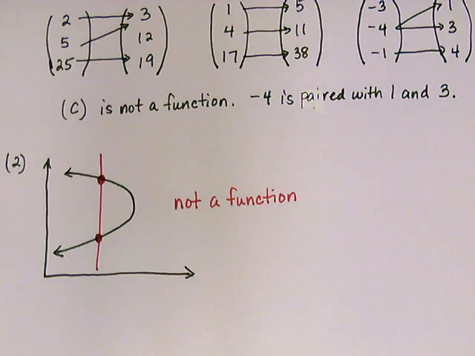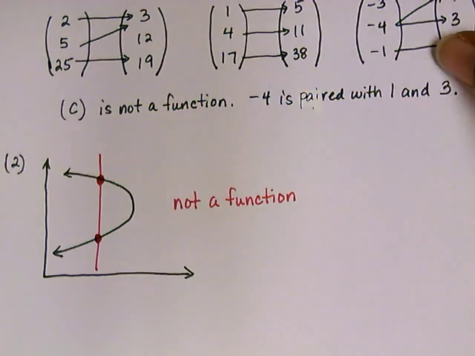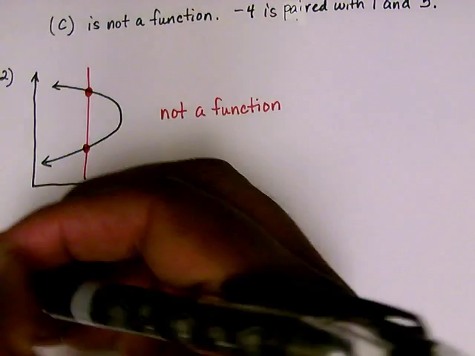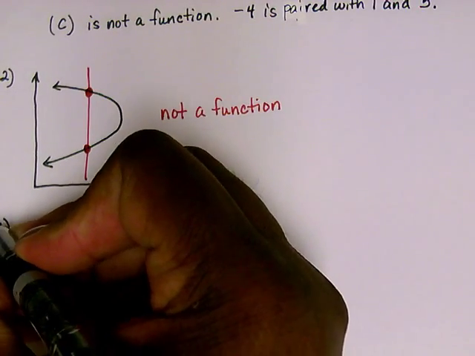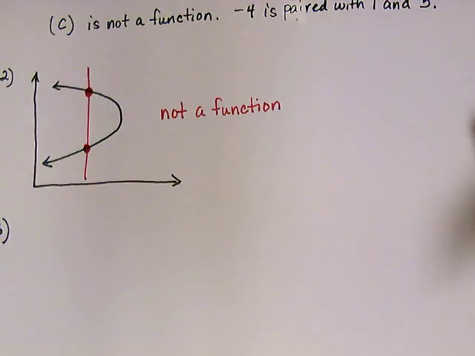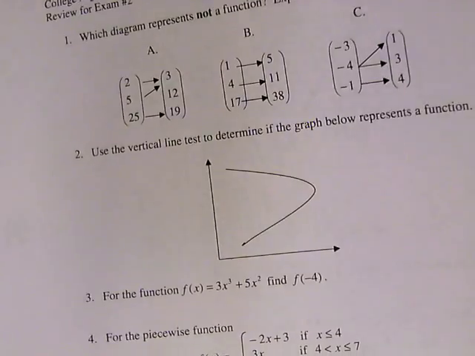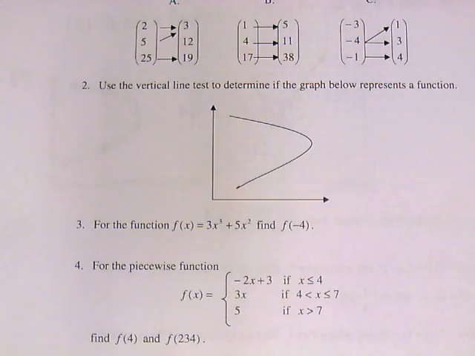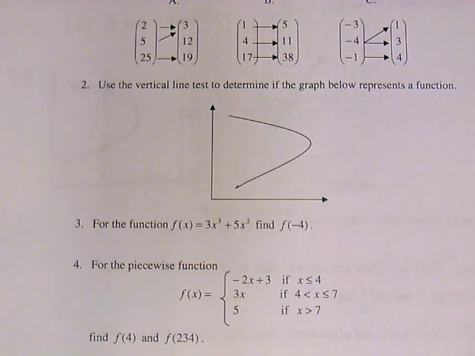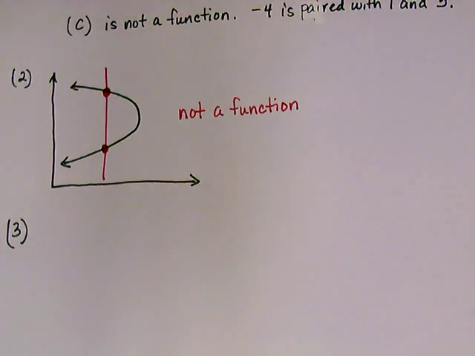Okay, number 3. It says here for the function f of x is equal to 3x to the third plus 5x squared, you want to find f of negative 4.